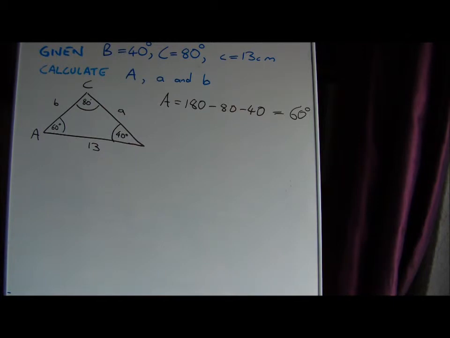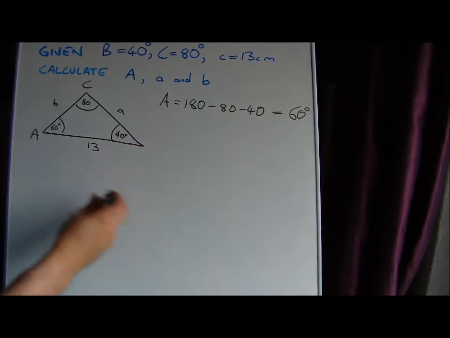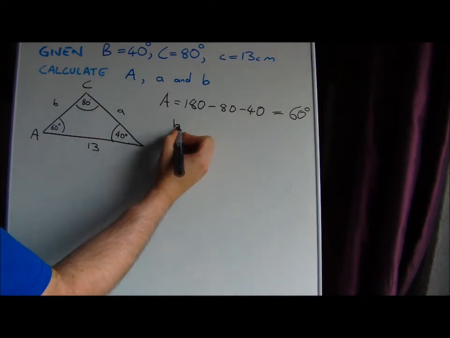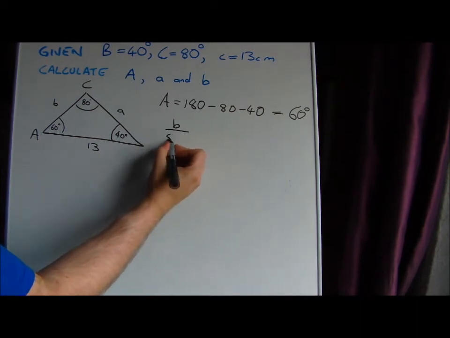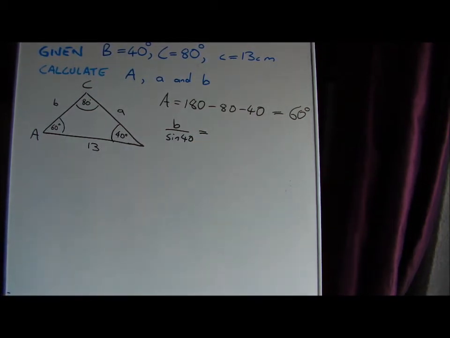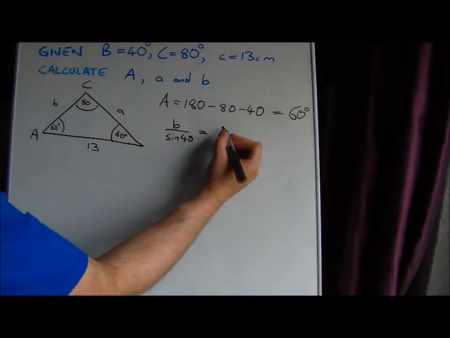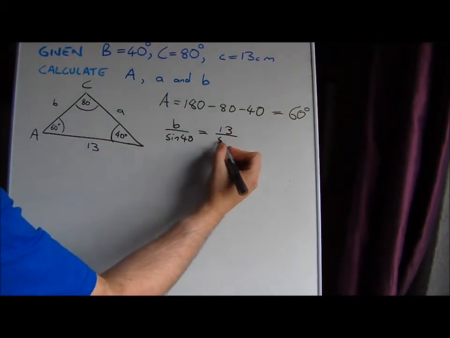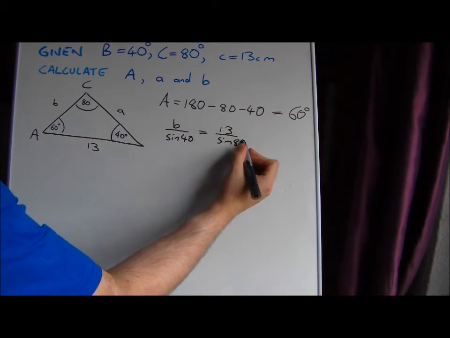So we can begin with, for example, side B. So if we write down the sine rule for side B, we've got B over sine 40 equals, and we've got a choice. So let's go for maybe those two. So we could have 13 over sine 80.